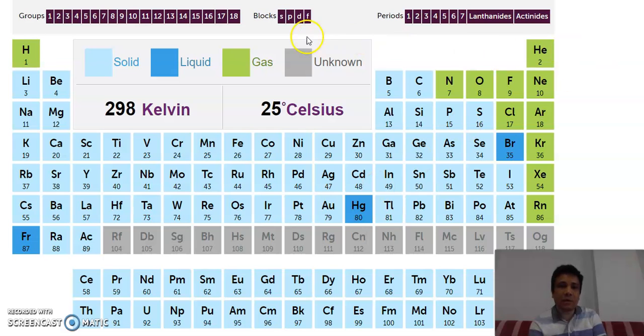And gases at room temperature: hydrogen is a well-known gas, nitrogen, oxygen, fluorine, those are gases. And the inert gases: helium, neon, argon, krypton, xenon, radon. And these are still unknown, because those are radioactive, so nothing needs to be said about whether those are solid or liquid.